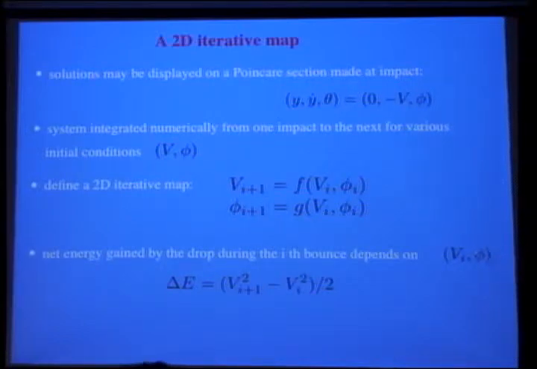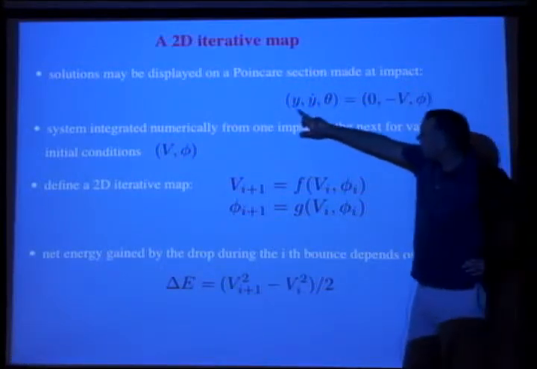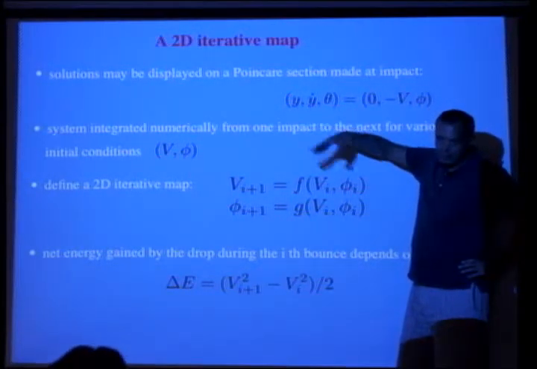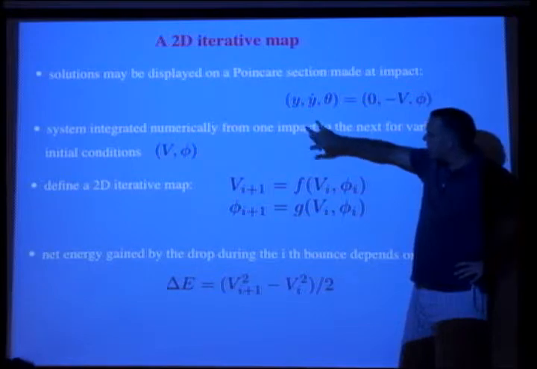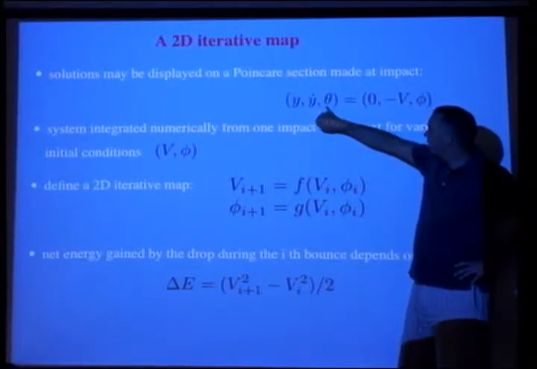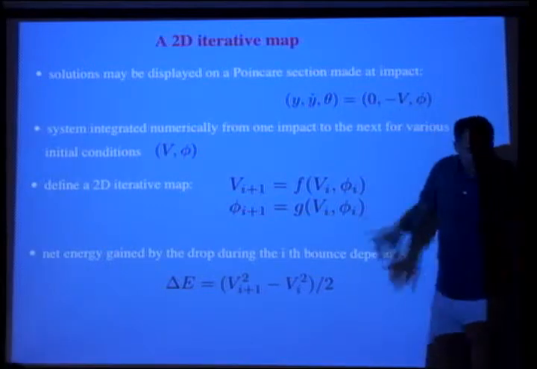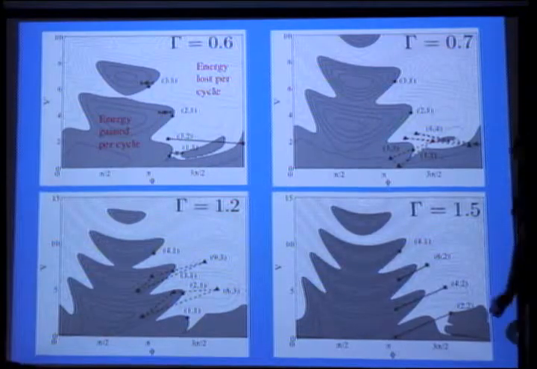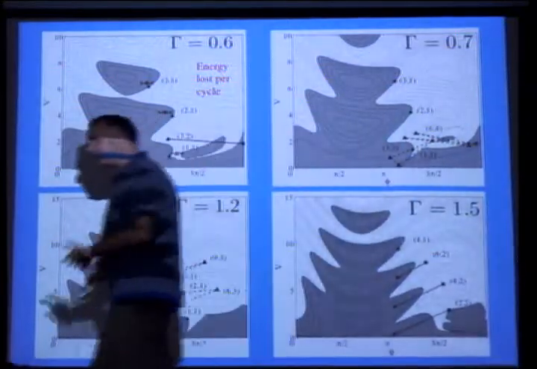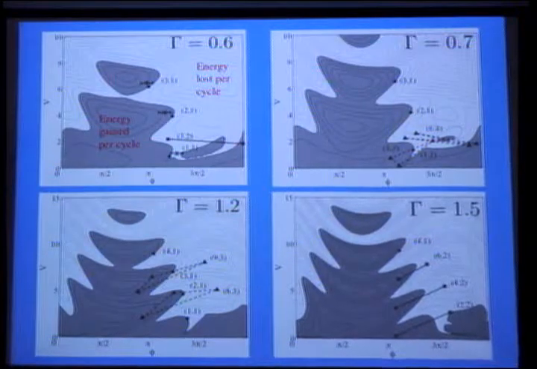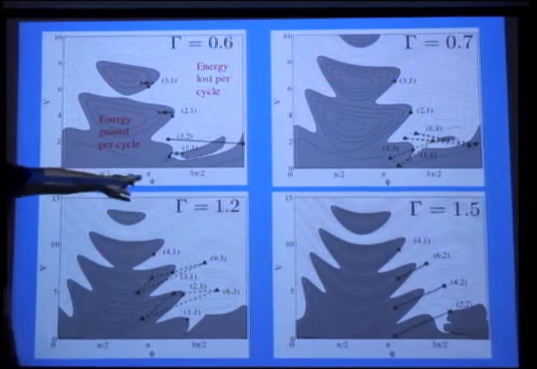We characterize it in terms of its properties at impact, at y equals 0. This shows how much energy it's gaining during impact per cycle, as a function of the speed and phase of impact.